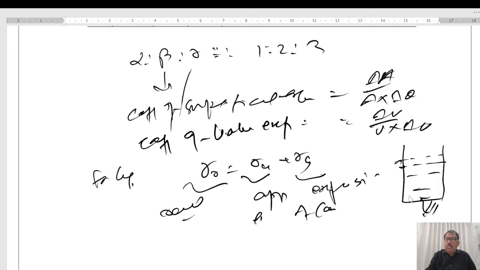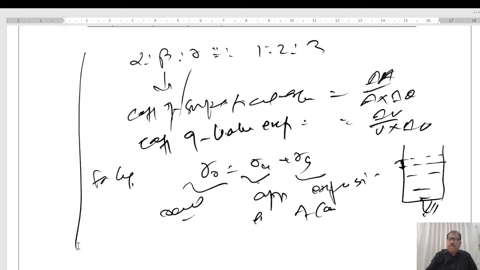Liquid will go down. After that, liquid will expand. Expansion of liquid is more than the expansion of container. So this will move upward. So this is visible to the observer. This is the apparent expansion. So gamma R, real expansion, is equal to gamma A plus gamma G. That is the apparent expansion. That is the expansion of glass. That is the real expansion.